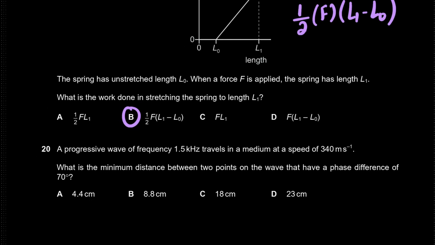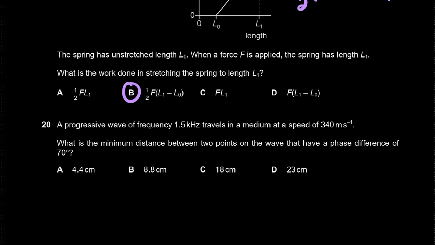Waves are starting now. A progressive wave of frequency 1.5 kilohertz is traveling in a medium at a speed of this much. What is the minimum distance between 2 points on a wave that have a phase difference of 70 degrees? All right. So now remember that phase difference you can calculate in either of two ways.